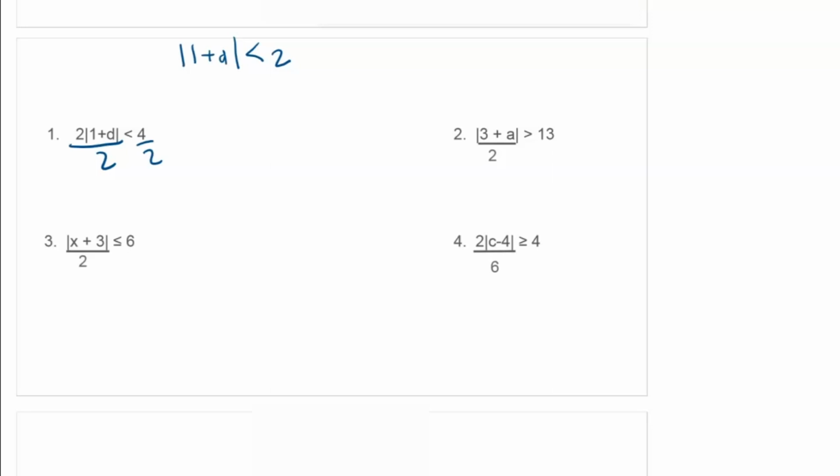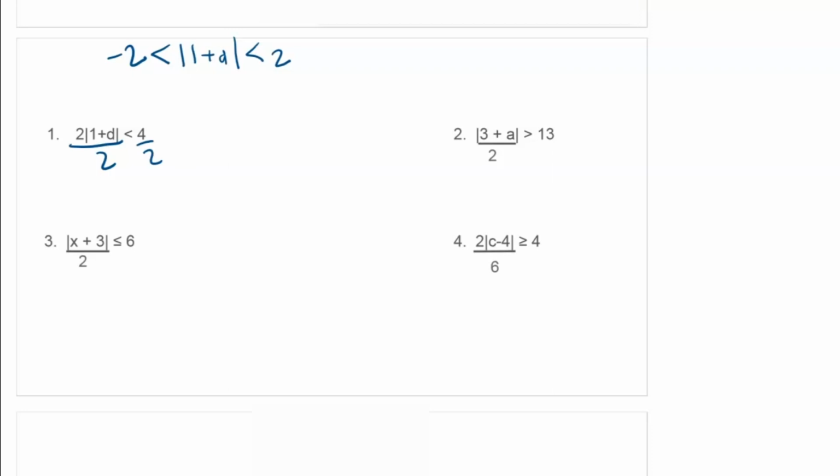So the second step was to make a sandwich. So that means I'm going to copy this sign over here, so it's a less than sign, and then I have positive 2 over here, so I'm going to put a negative 2 on this side. Because, again, when it's absolute value, it doesn't matter if the inside is positive or negative, it's going to come out to equal the same thing.